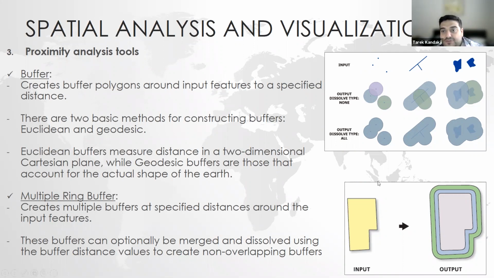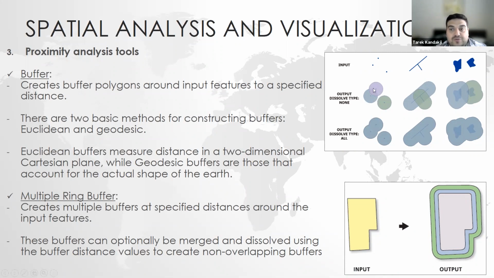So you have the input and the output. There are two types of output. In one, the buffers are dissolved into each other, like for each point, the buffers are dissolved like this here. And sometimes you don't want that.